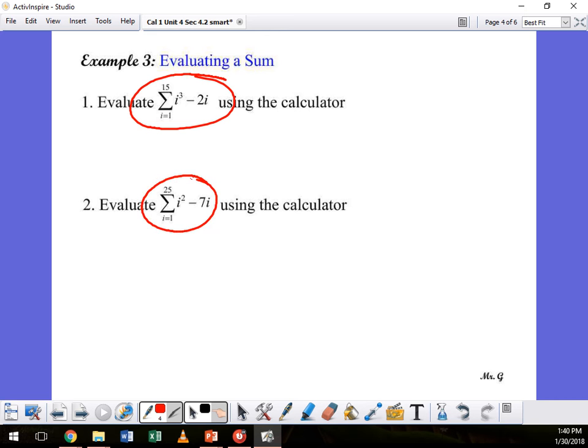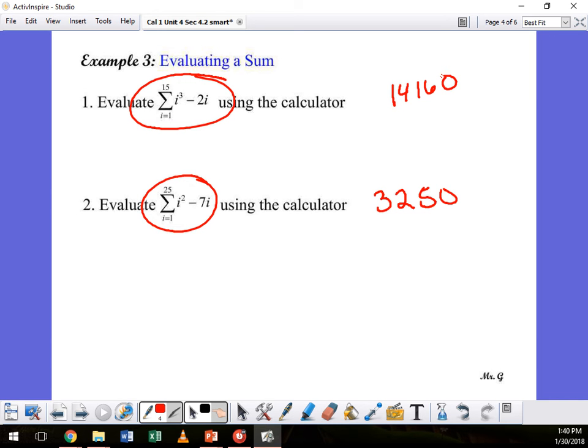Let's see. Which one? The top one's 1460. I got 14,160.